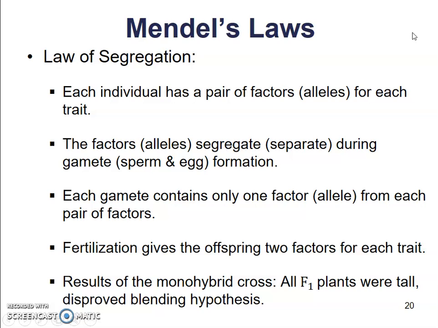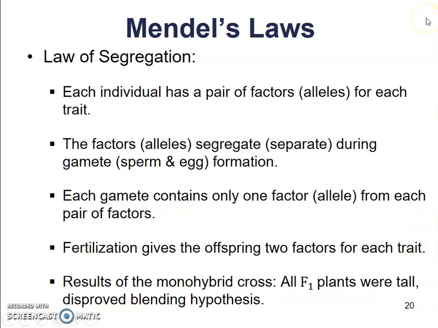So let's talk about the law of segregation. Each individual has a pair of factors, or alleles, for each trait. Those factors, or alleles, segregate or separate during meiosis, the formation of sperm and egg. Each gamete, each of those sex cells, only contains 1 factor from each pair. And fertilization brings those 2 gametes together and restores the diploid number, so it now has 2 factors for each trait.